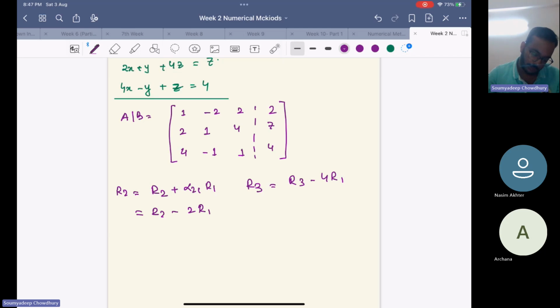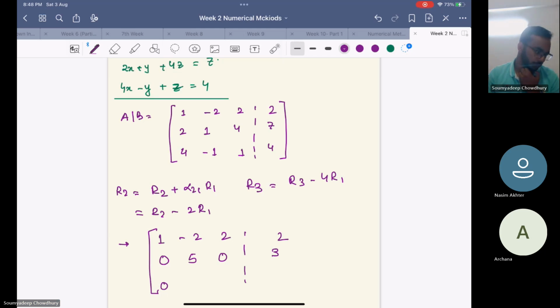So now you will get the matrix as 1, minus 2, 2, 2; 2 minus 2, 0, 1 minus 2, minus 5, and so on.